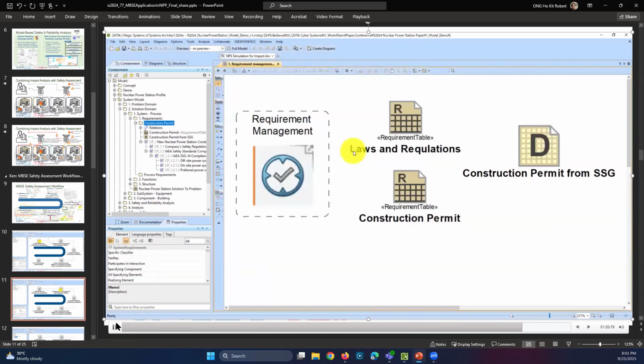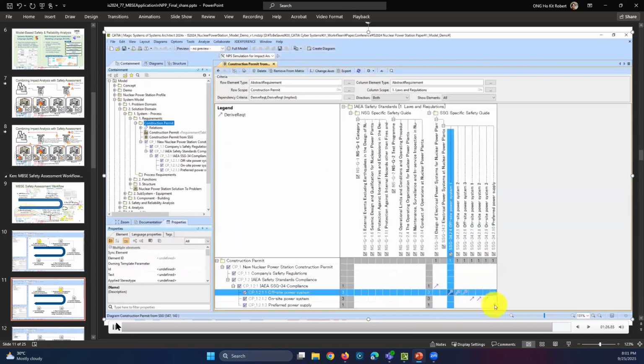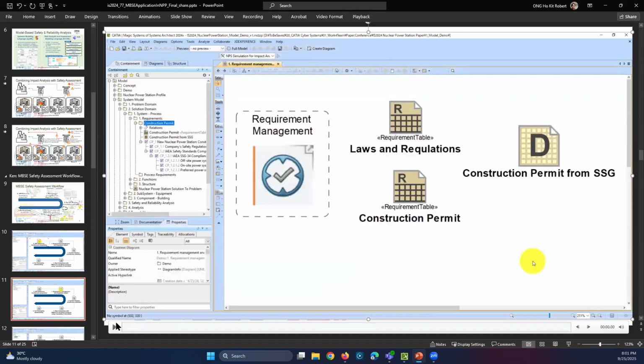So you are able to do coverage analysis as well. From here, once the requirements are already in the requirement management system and baselined, we will carry them over into the modeling working environment to start the modeling activity.